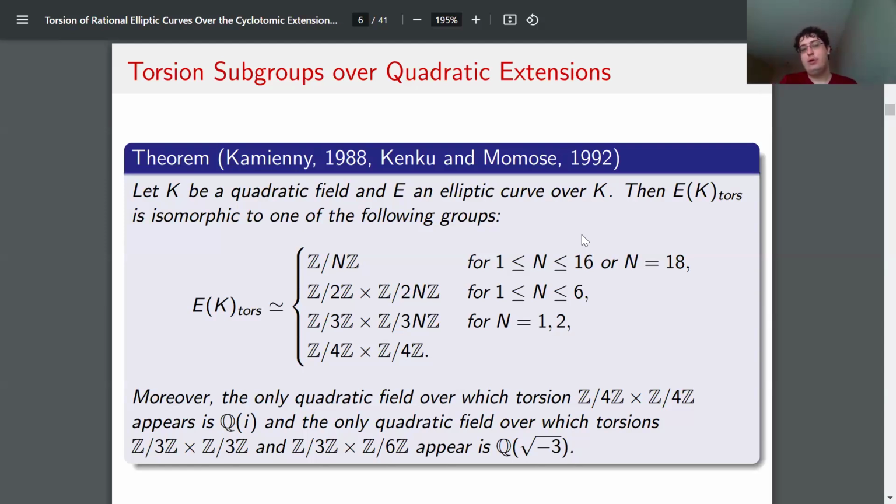And since the third root of unity, you can see Q adjoin square root of minus 3 is basically the same field as Q adjoin the third root of unity. And it is the reason why. So this Weil pairing also will be an important tool in torsion research, basically.